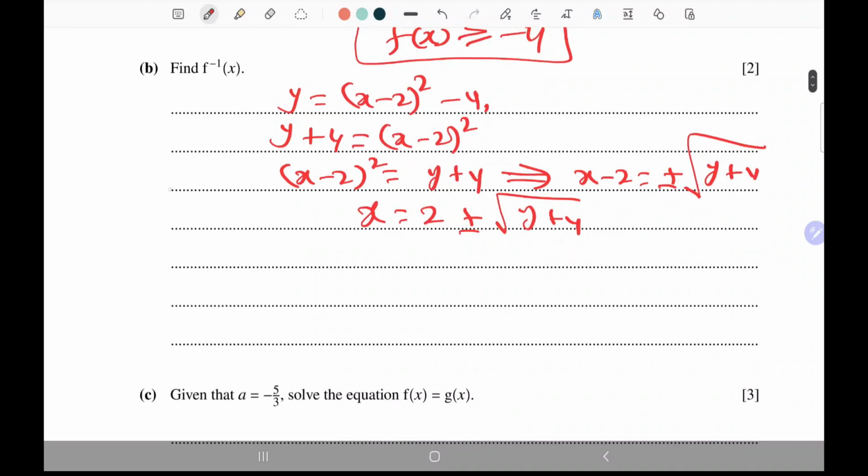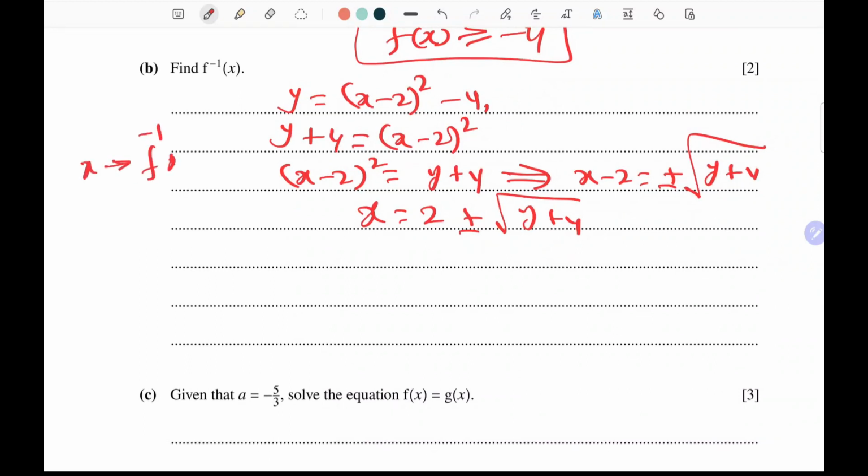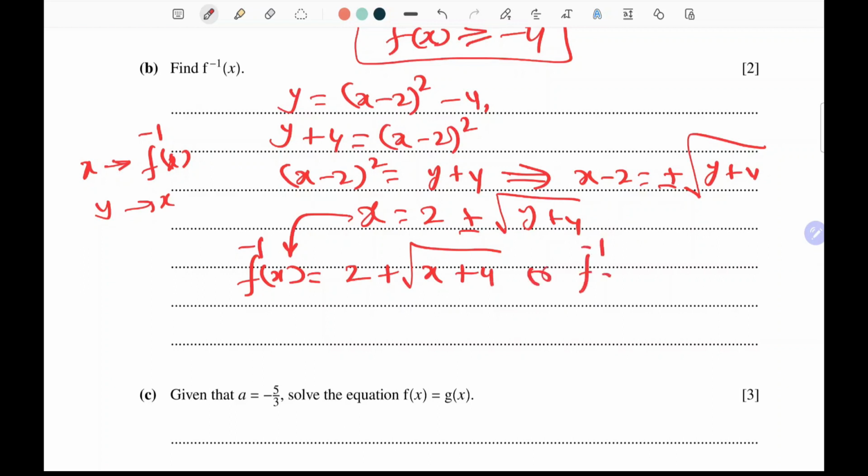Now we know that for finding the inverse, we have to change x to f inverse x and y to x. So we are going to get f inverse x equals 2 plus root of x plus 4, or f inverse x equals 2 minus root of x plus 4.